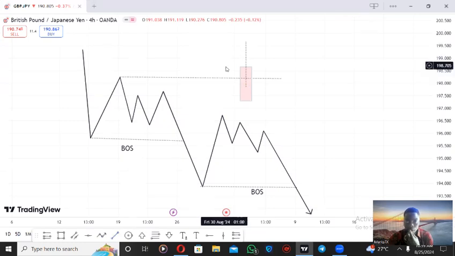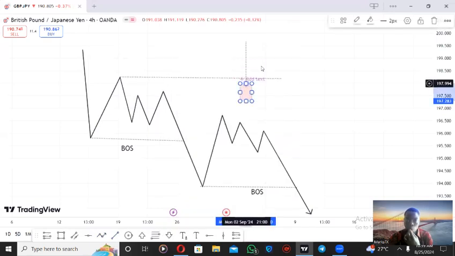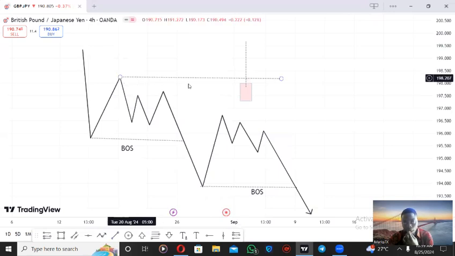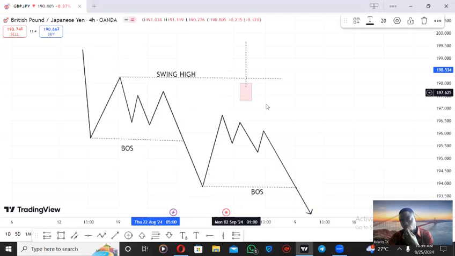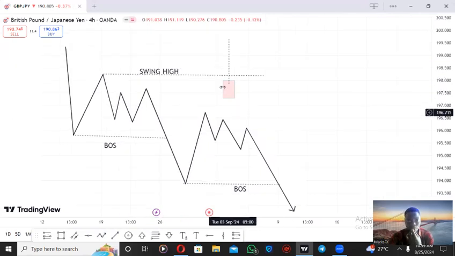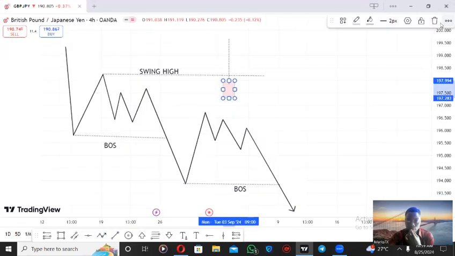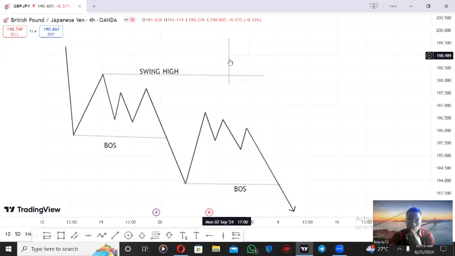And then the next thing you see is price will just retrace and close below this swing high. We are still bearish. Okay, so this is a swing high, a very important point. All right, that is a swing high. So if we have a candle that closes like this, we are still bearish. Take note of that.